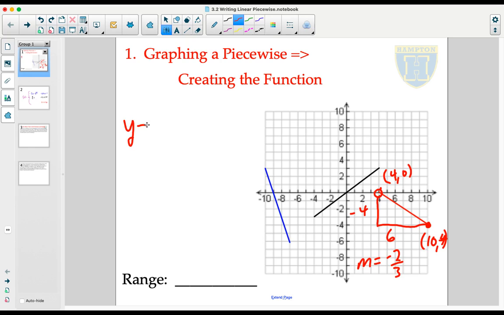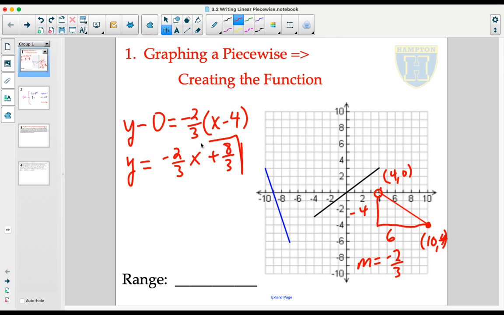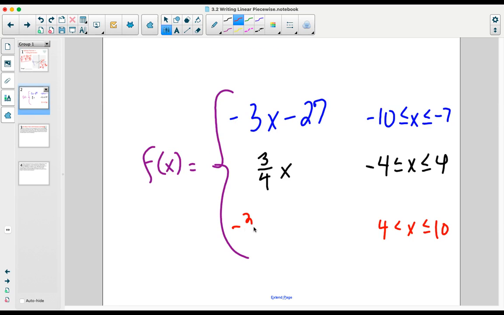Writing my point-slope form again because I do not know the y-intercept: y minus 0 equals -2/3 times (x minus 4). y equals -2/3 x plus 8/3. And that's my final version of my red line. I add that to my piecewise, and I have a complete piecewise function.